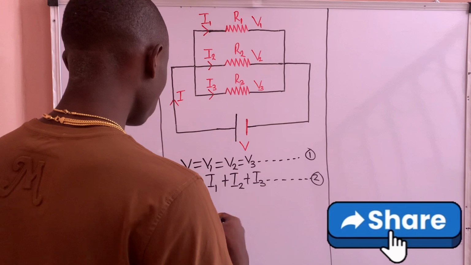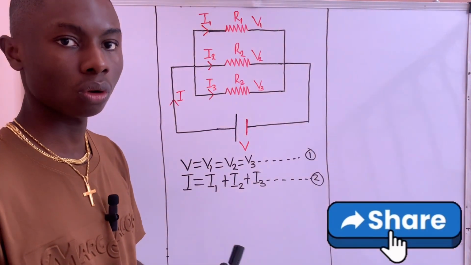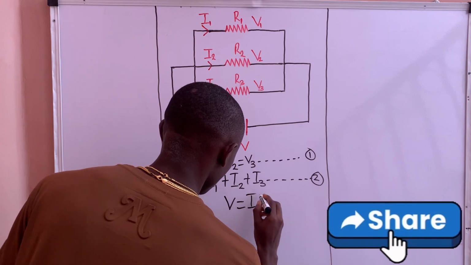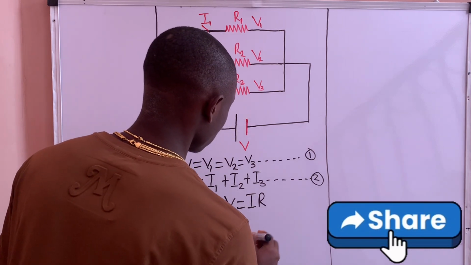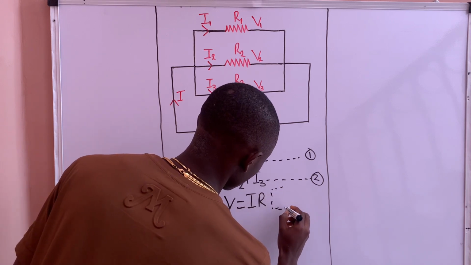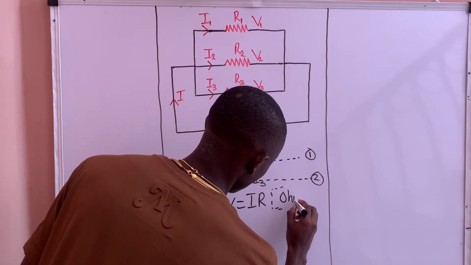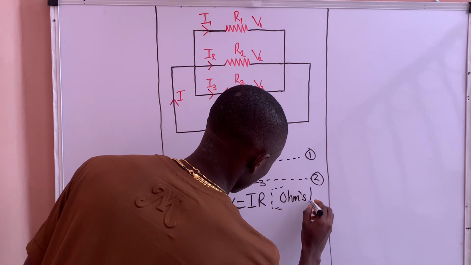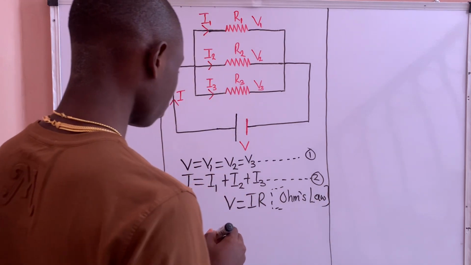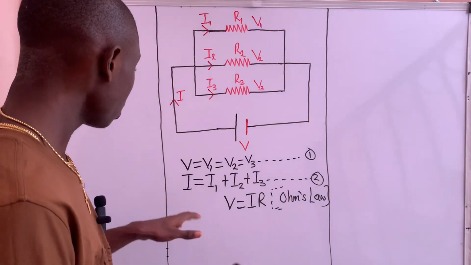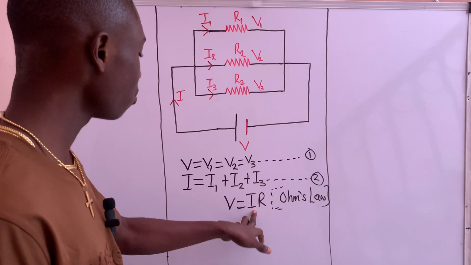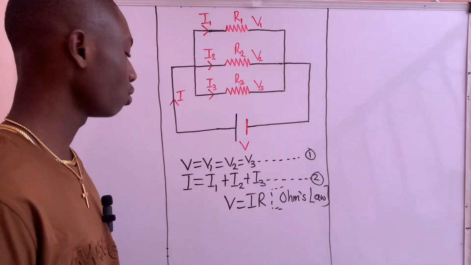We know that from Ohm's law, V is equal to I R. We will now look for the value of current I. From Ohm's law, we make I the subject of the formula.